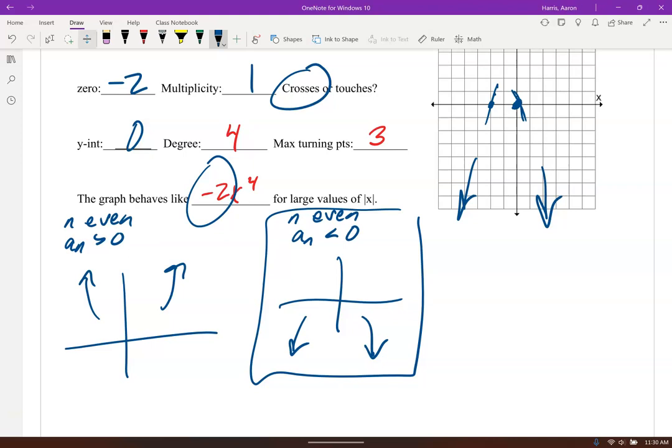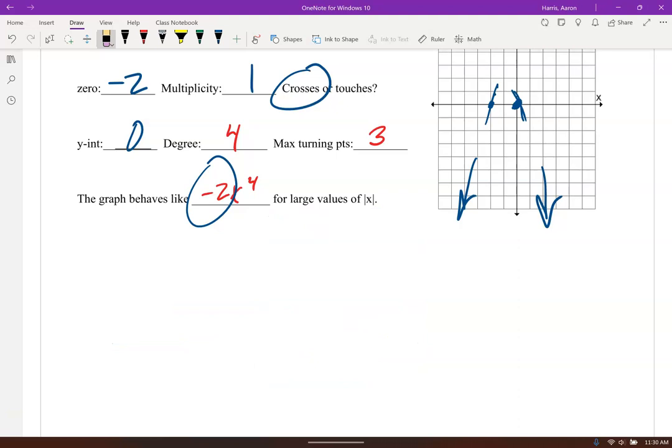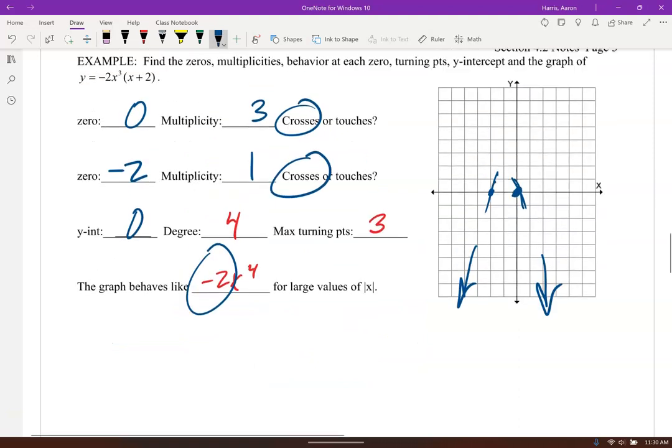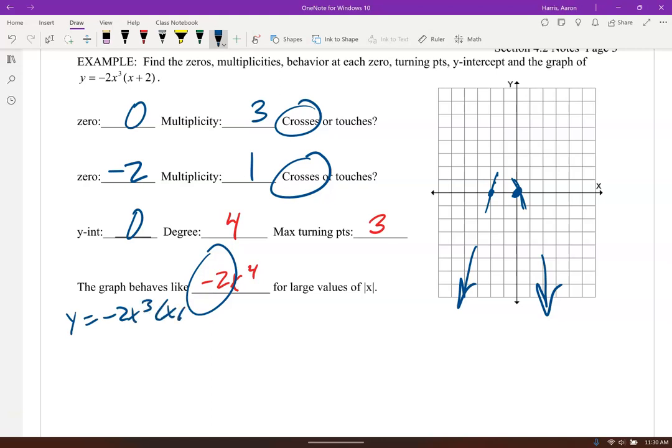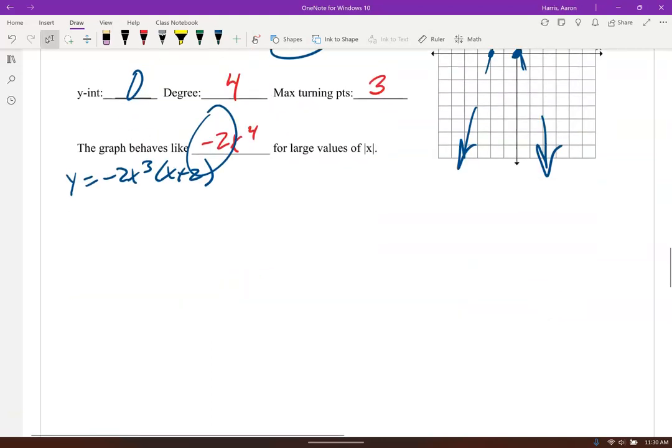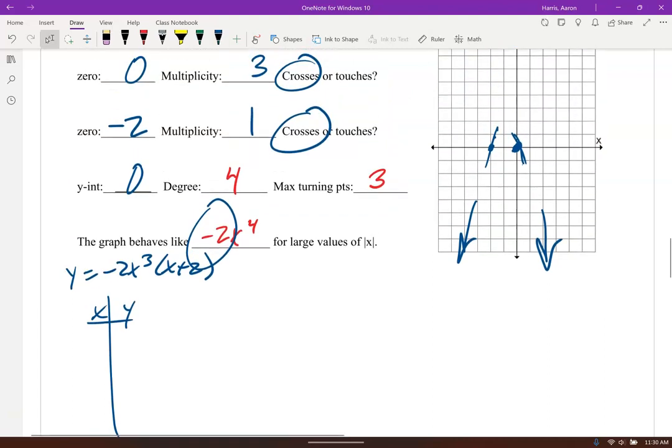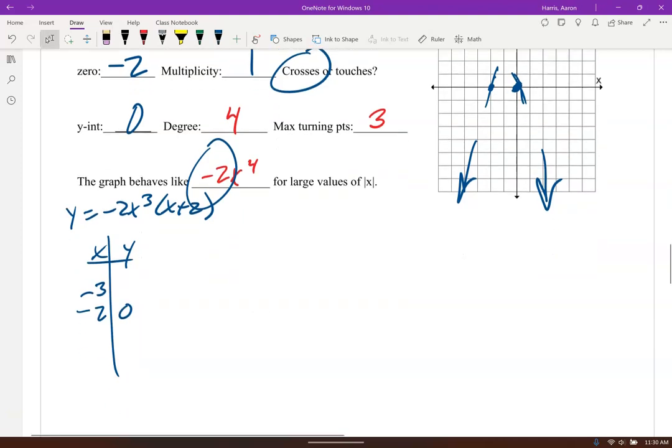But let's plug some points in. Let me erase a little bit so I have a little bit of room here. So I have negative 2x cubed times x plus 2. We're going to plot some points. I know I have an x-intercept at negative 2, so it'd be nice to throw in maybe negative 3. Negative 1, I know 0 is 0, maybe 1 or 2, right, as well.